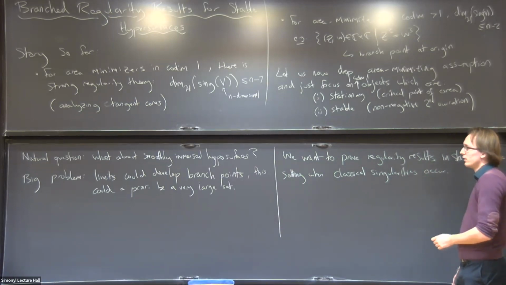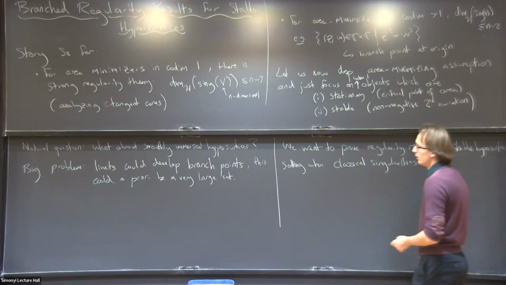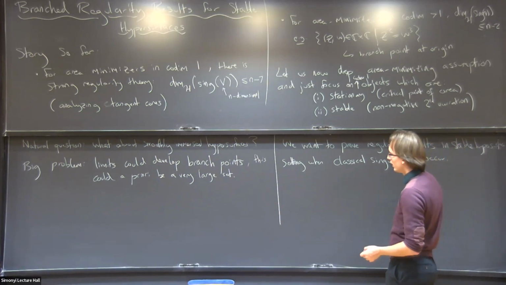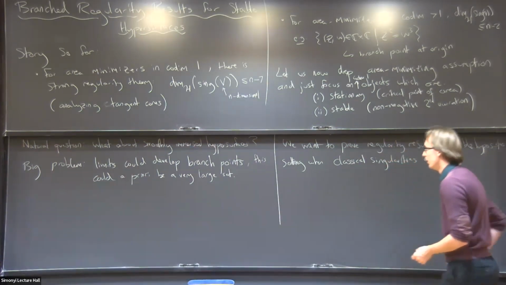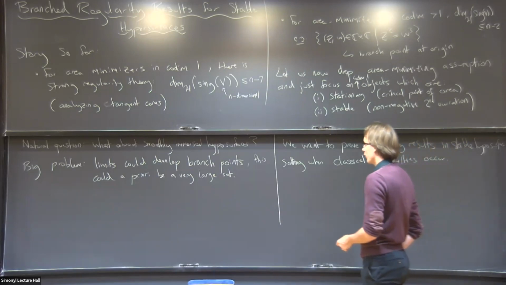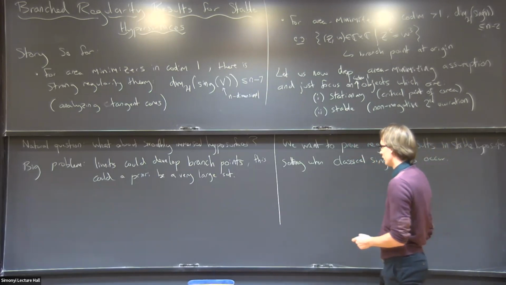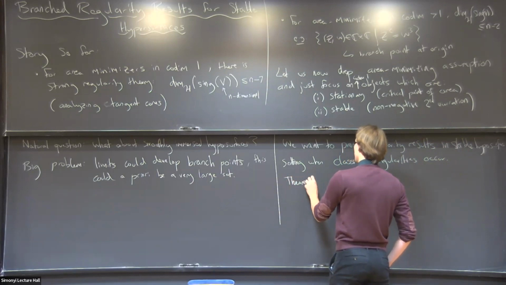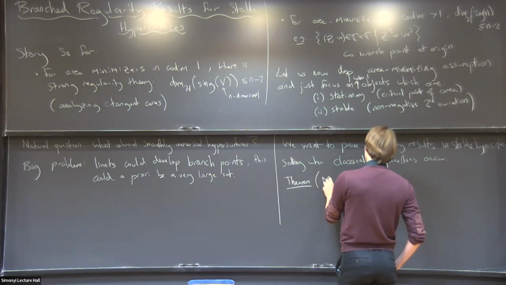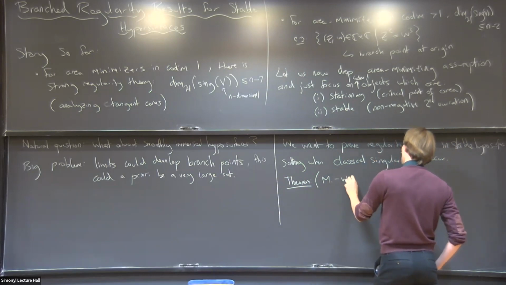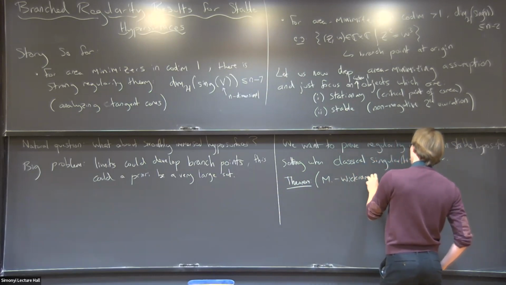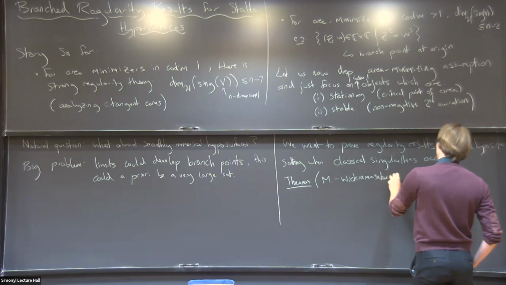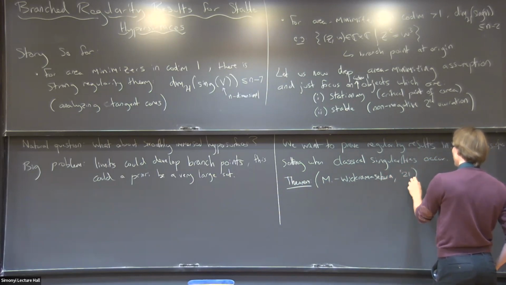But then last year we took this further and we were able to prove a result which gave a regularity theorem in a certain case. So let me just write this. This was 21.